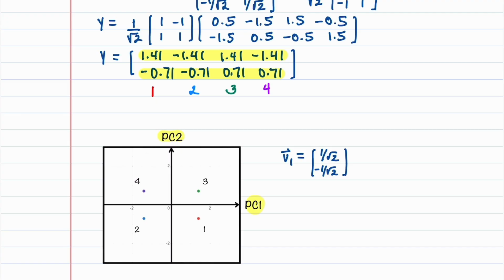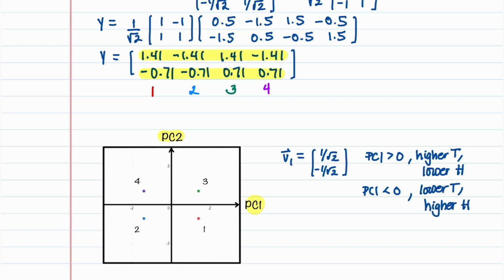This tells us when PC1 is greater than 0, we are going to have a higher temperature and lower humidity, because when one goes up, the other goes down. When PC1 is less than 0, just the opposite happens. The scores correspond to lower temperature and higher humidity.